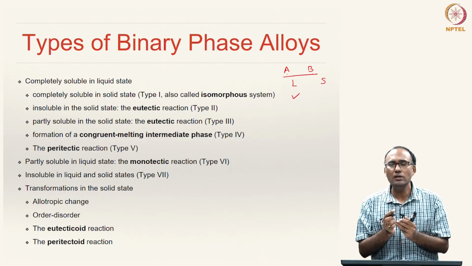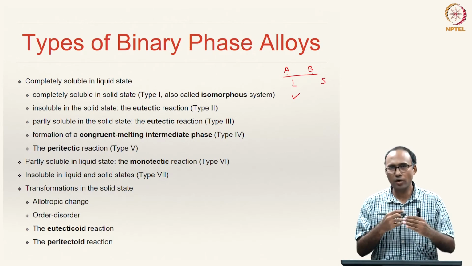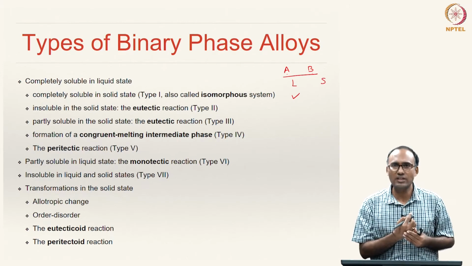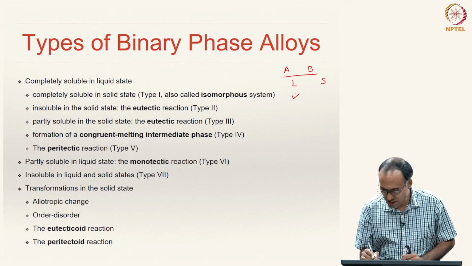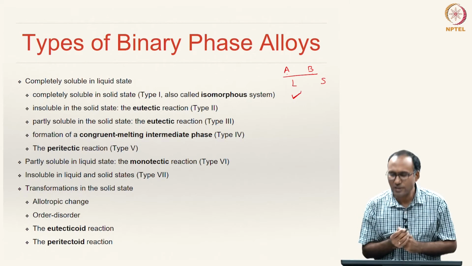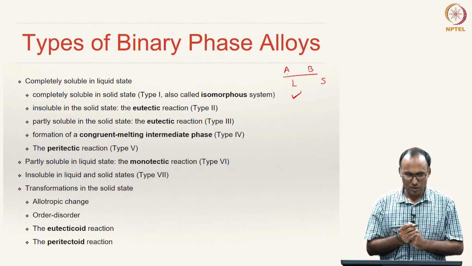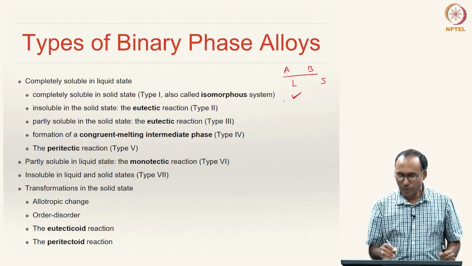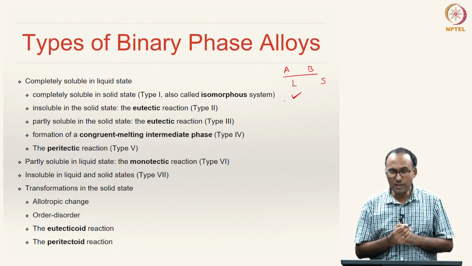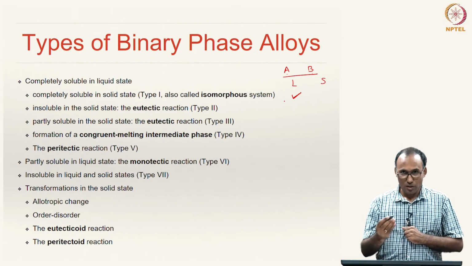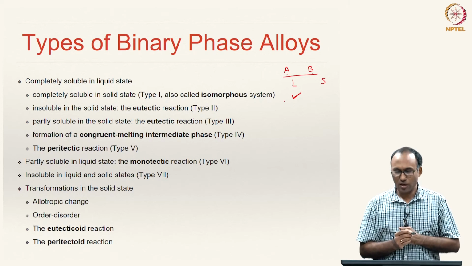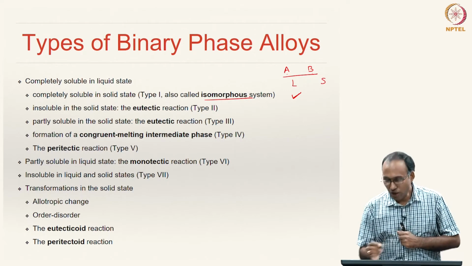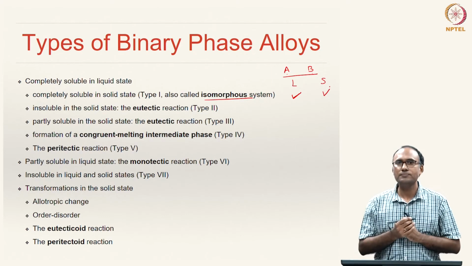When is that possible? When some of the rules that we have discussed before are satisfied. Okay. So, the primary classification is that they are completely soluble in liquid state. Of the materials that are completely soluble in liquid state, the first type of alloys that we are going to discuss are called isomorphous alloys, which are also completely soluble in solid state.